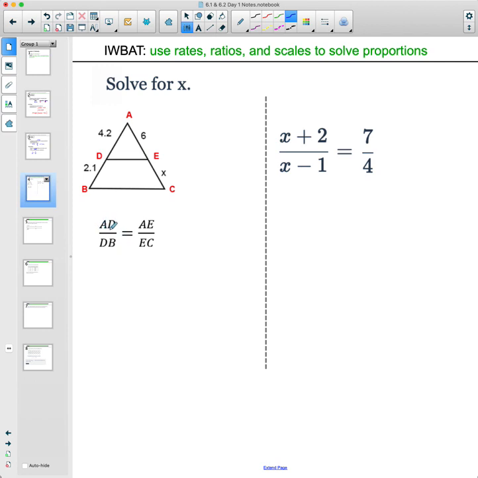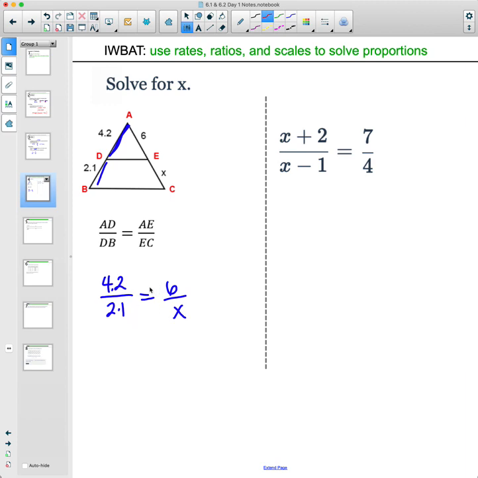This one is saying the length of AD. Here's segment AD right here, so we're going to plug in 4.2. So 4.2 over the length of DB, this one, 2.1, is equal to AE, which is 6, over EC, which is x. These are two equivalent ratios. Now when we're doing proportional reasoning, you can cross multiply this.